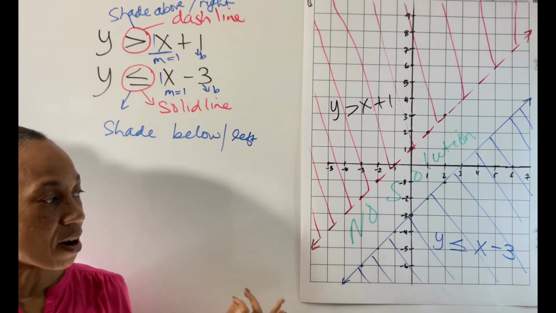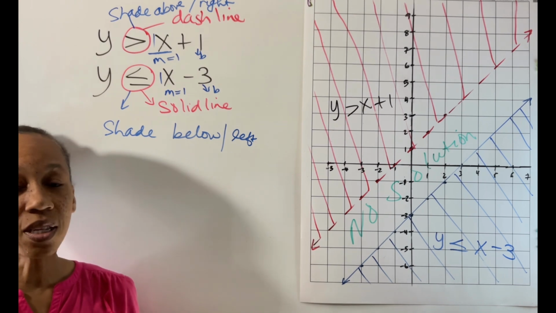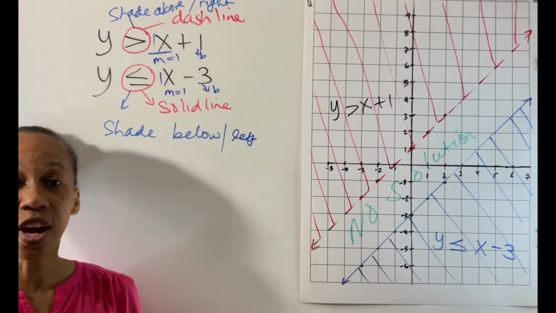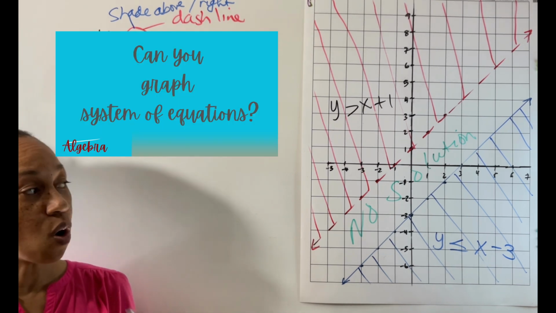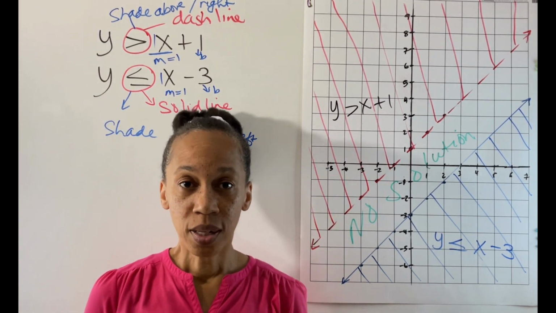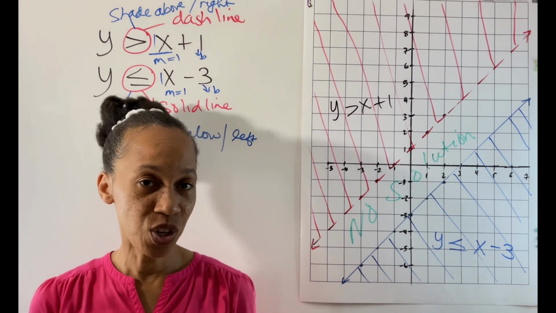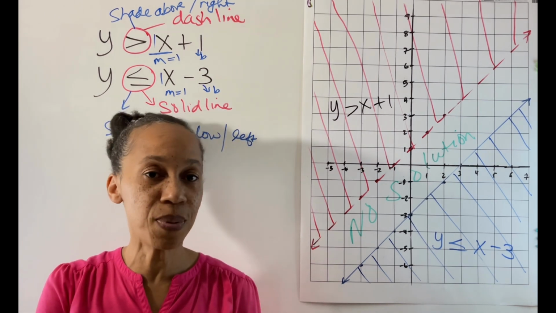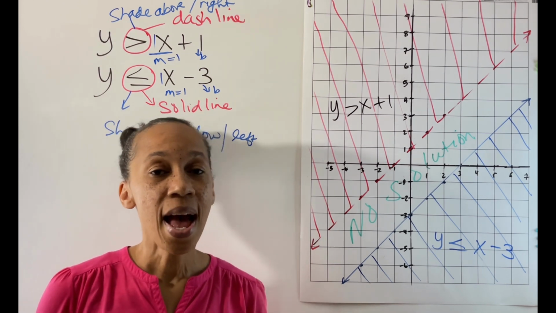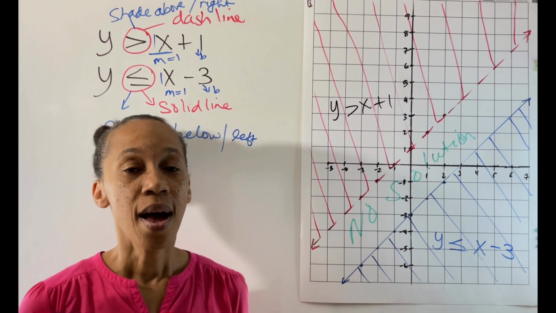And I spoke about the parallel line situation when we were doing system of equations, and you can go back and watch that video also. So those are the two systems of linear inequalities that I wanted to highlight to you and show you the difference between having one solution and having no solution.